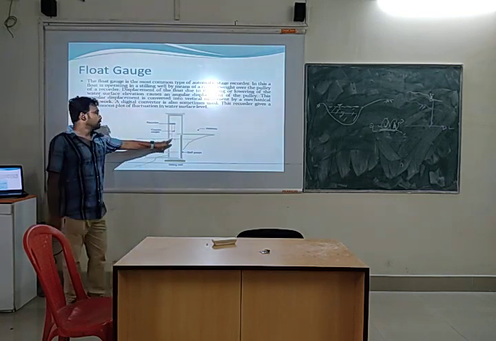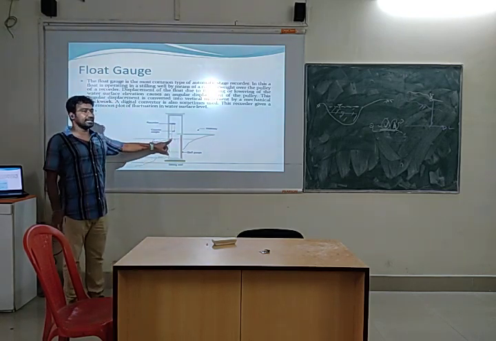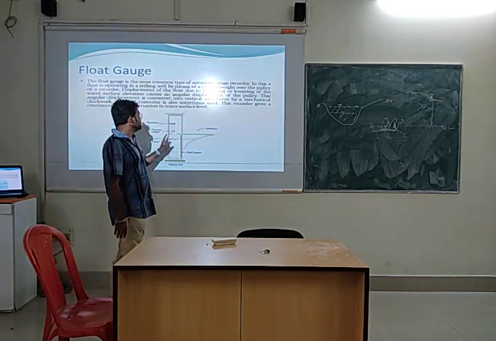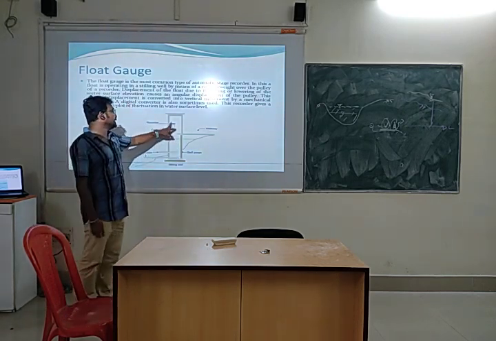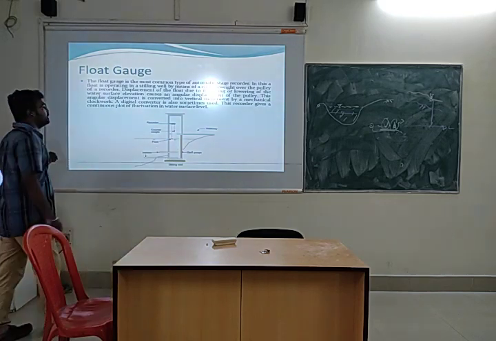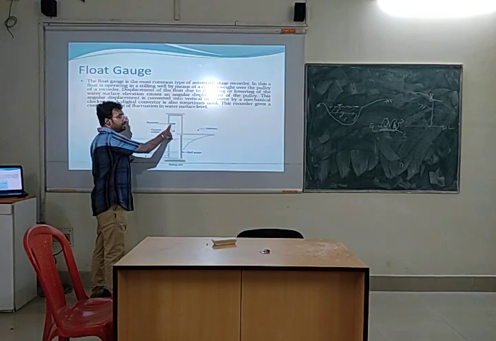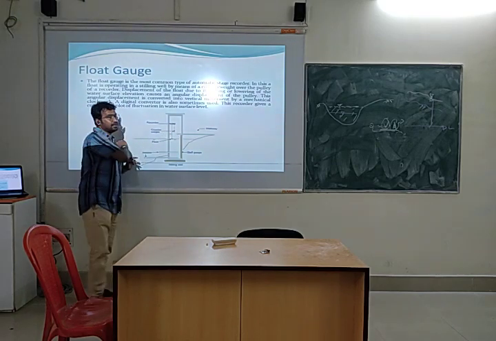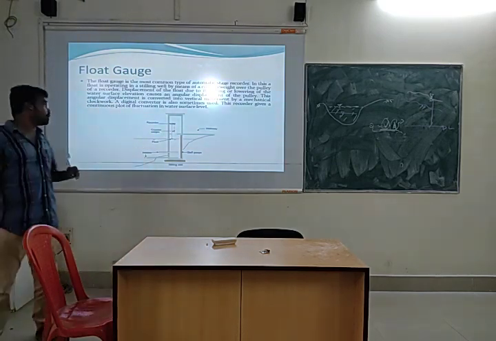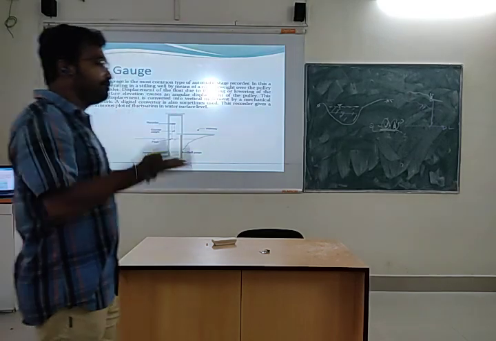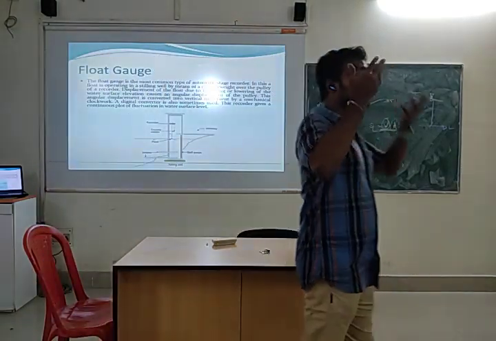After that, one float is provided, which will be floating over the water level. This float is connected with one wire, which will pass over one pulley, right? At the other end of that wire, some sort of counterweight will be provided, because the level will be rising or falling.